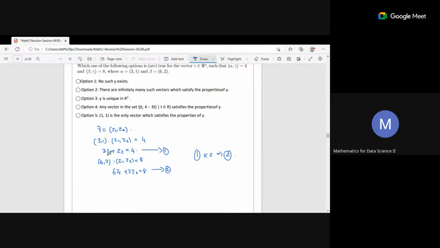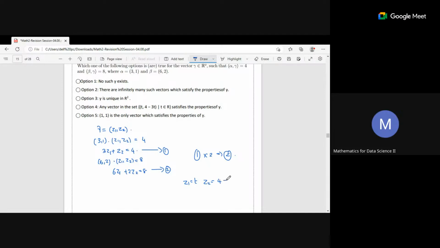So you simply have one equation, 3Z1 plus Z2 is equal to 4. So now it depends on what your t is. If you take Z2 equal to t, or since you have a different format here, maybe I will take Z1 equal to t. So if Z1 is equal to t, then what is your Z2?